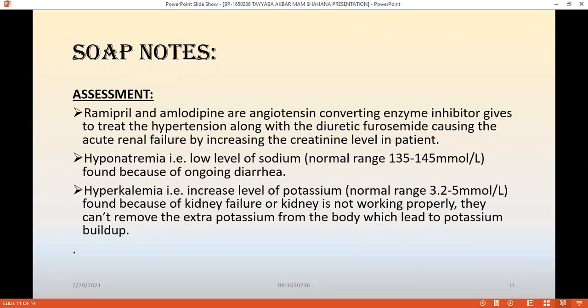Because of a salt-restricted diet for the prevention of elevation of blood pressure, and later being diagnosed with diarrhea, the level of sodium will decrease. Potassium level has been found to be a little bit increased, showing the kidney is in the initial stage of damage as it has lost the ability to remove potassium, which leads to potassium accumulation in the body.